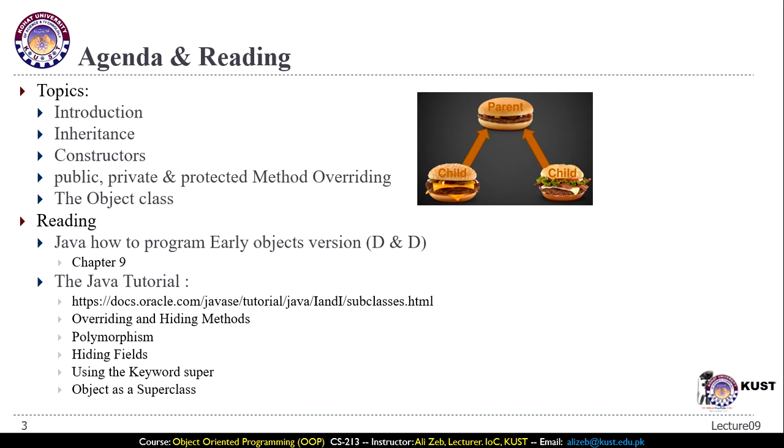Some of the topics relevant to inheritance are polymorphism, overriding, hiding fields through access modifiers, using the keyword super, and Object as a superclass. As I said, we'll be discussing these topics in detail, but these are some of the relevant topics of inheritance.